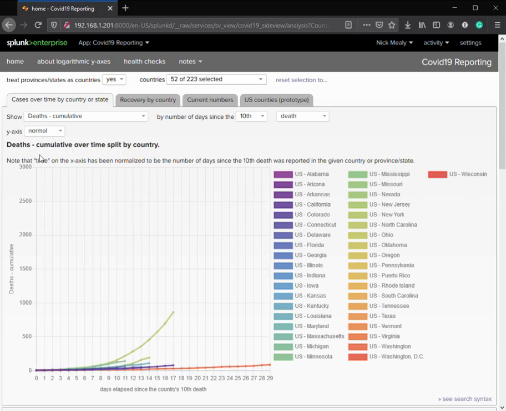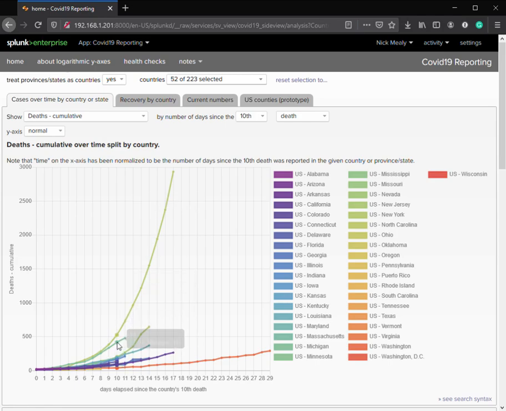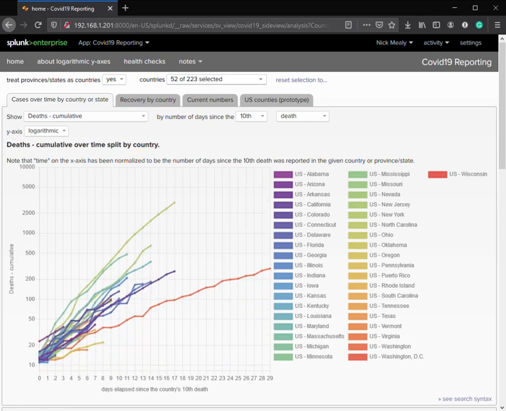If we put these on a linear y-axis and we look at them one by one, none of these are making what you would really call straight lines, if you look at more than a few data points. The bad news is that if Italy and Spain are the guides here, then after the acceleration stops, there's still a long and very, very painful linear phase where large numbers of people are dying every day.